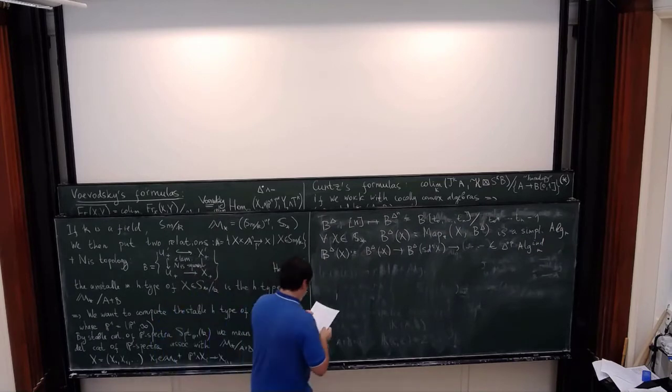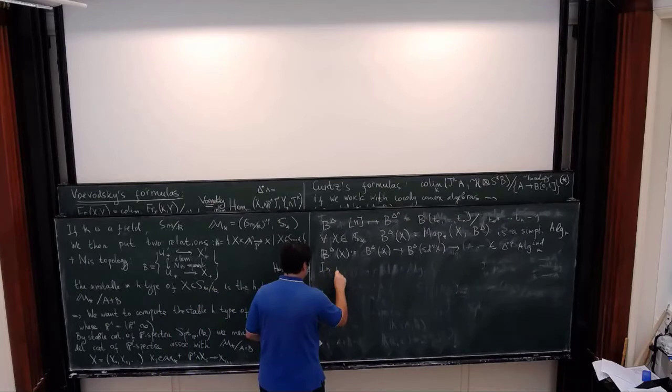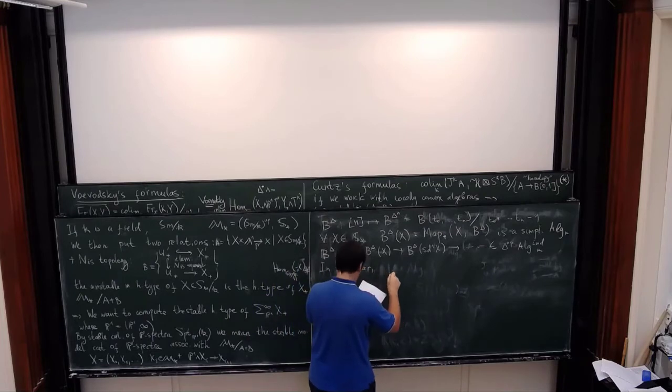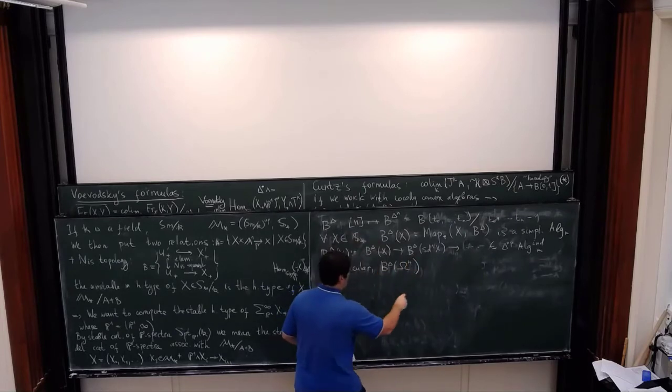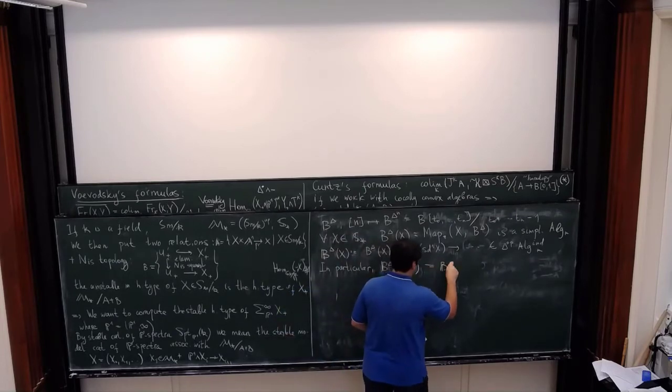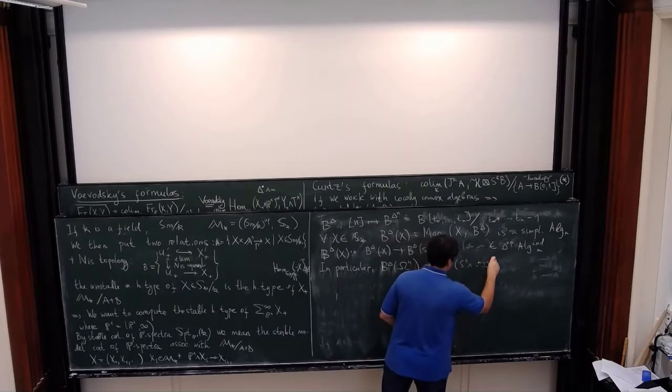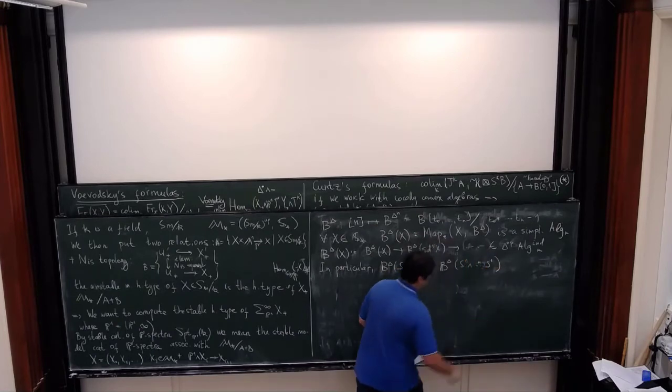Next, in particular, we define B delta omega n, which is B delta on S1 smashed n times with S1.